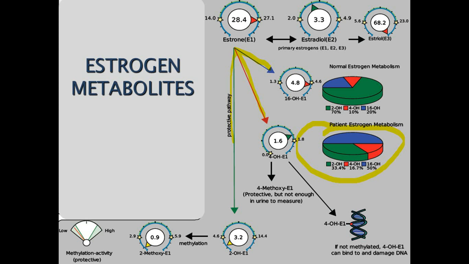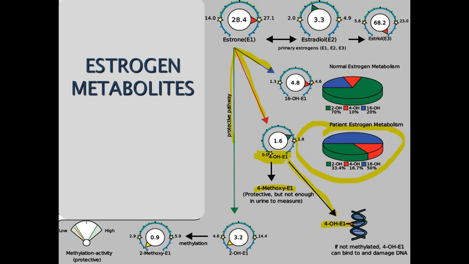And then we've also added this conceptual piece so we can see that the main reason that we're concerned about 4-hydroxy-E1 in particular is that if it's not methylated, then it can form a quinone, which can attach to DNA and actually break a piece of the DNA off. So as you're trying to explain that to your patients, there's a little bit of a visual guide there to show why that has significance for them.